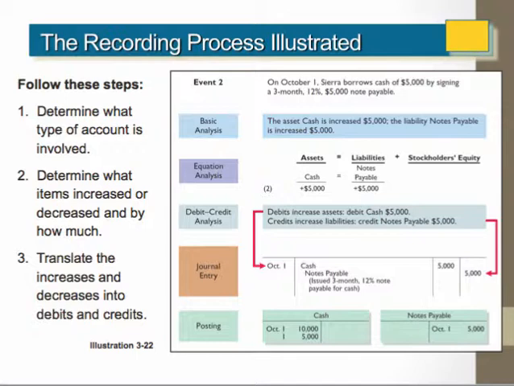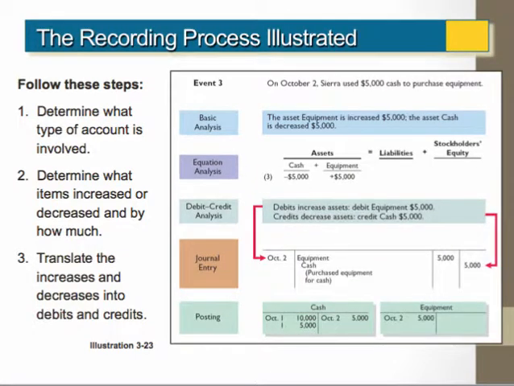Notice what happens here on the ledger. We keep the first transaction of $10,000, but now we add the second transaction of $5,000. At this point in time, we could actually add the two debit entries together and say on October 1st, the company had $15,000.